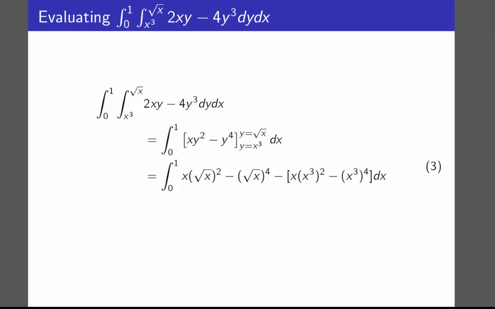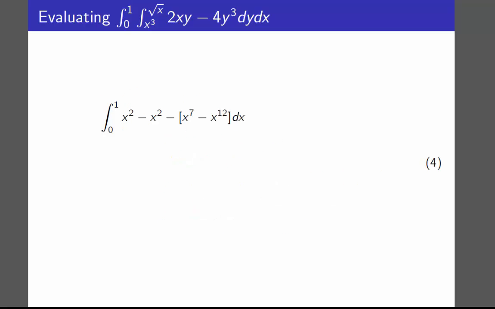Then we can use algebra to simplify all the way down to where we get the integral from 0 to 1 of negative x to the 7th plus x to the 12th dx.